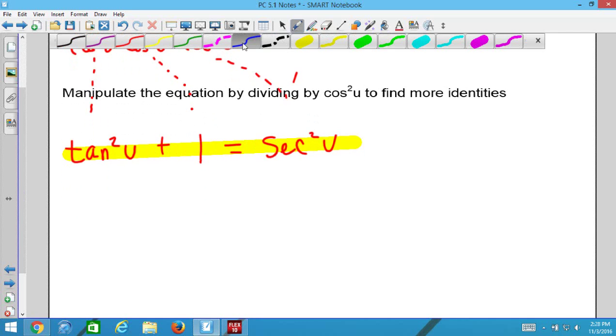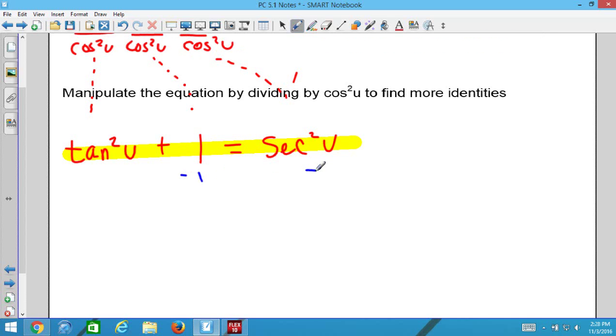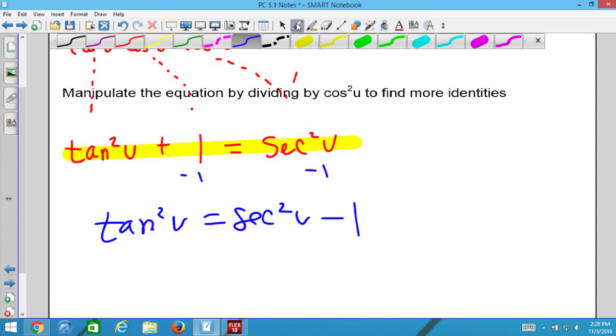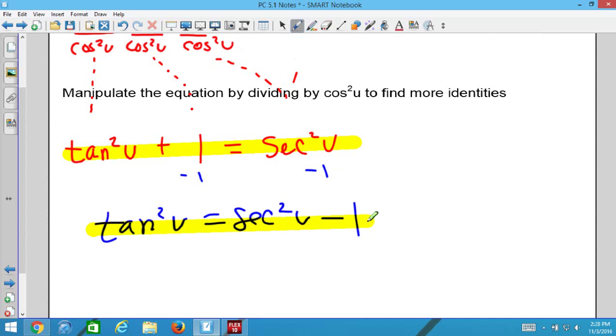And then for number 8 and number 9, I'm just going to take this and move stuff around using the subtraction property of equality. So let me get it to say tangent squared u. I'm going to subtract 1 from both sides. Number 8.